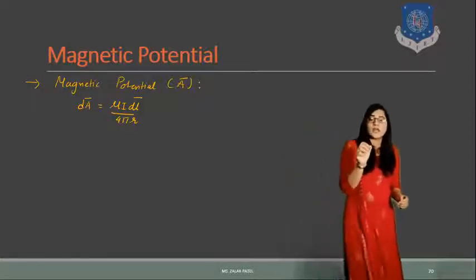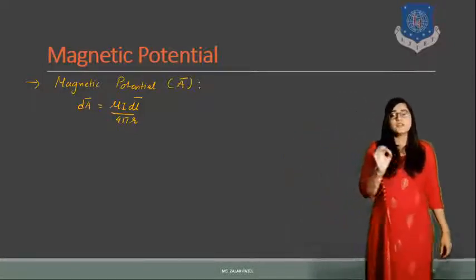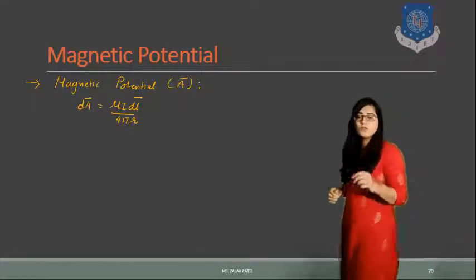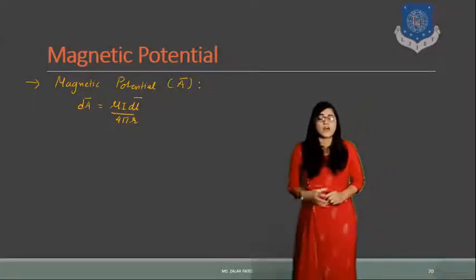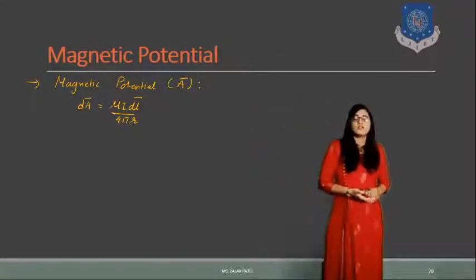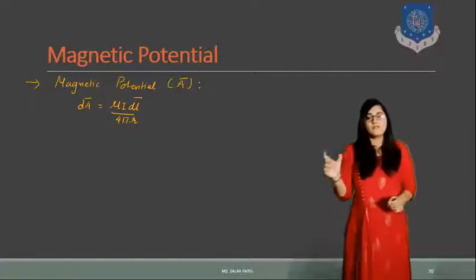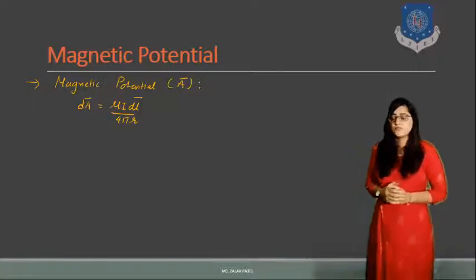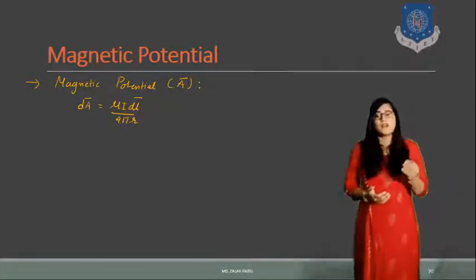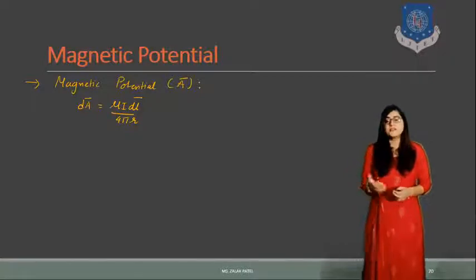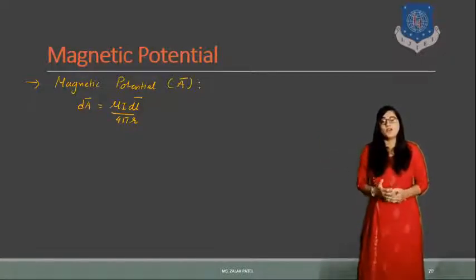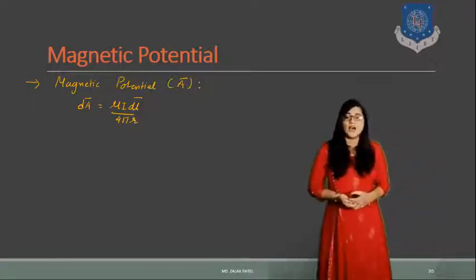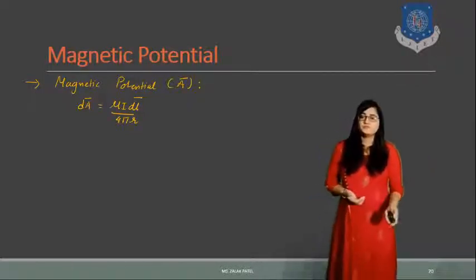If we want to write the equation in terms of differential magnetic potential, differential means dA bar, it is equal to mu I dl upon 4 pi R, where mu is permeability of the medium, I dl bar is the current filament, 4 pi is constant and R is the distance between the desired point and the point where the filament is located. R bar is calculated as the point where we want to find the potential minus the point where the current filament is located.